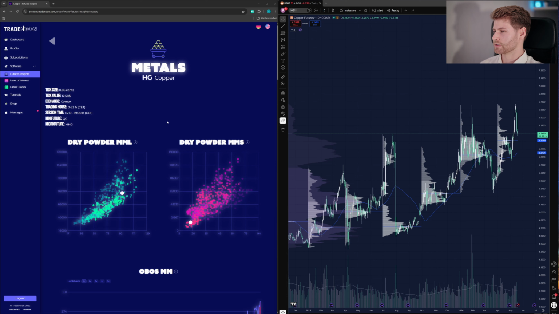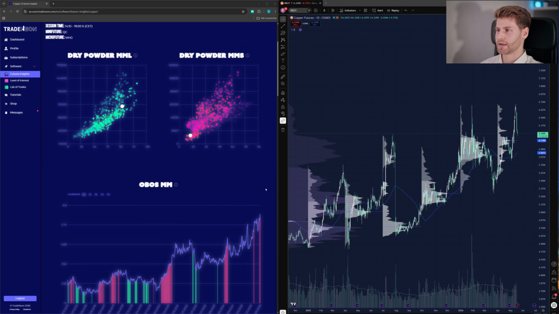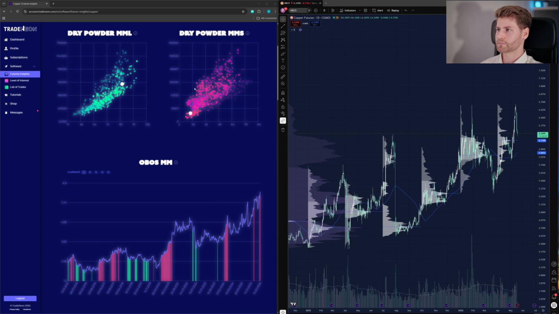And also because the current positioning from the managed money side is not entirely clear when we just look at the absolute raw numbers, we also have our OBOS indicator that relates this current positioning that we take from the COT report to other variables, including the current price, also in relation to the look-back period, which in this case is 1 year, and also the total open interest and the amount of involved market participants.